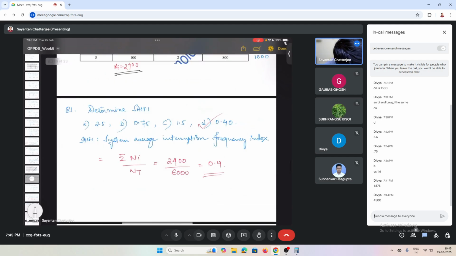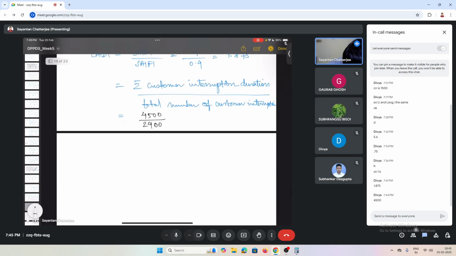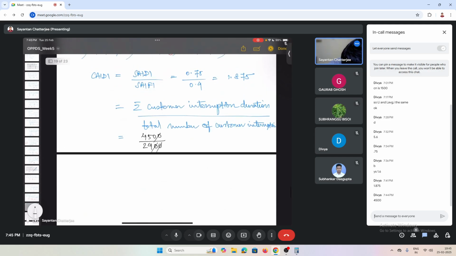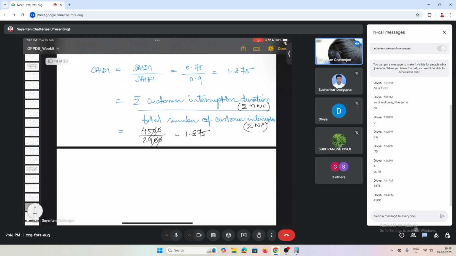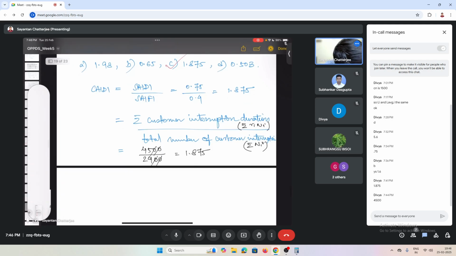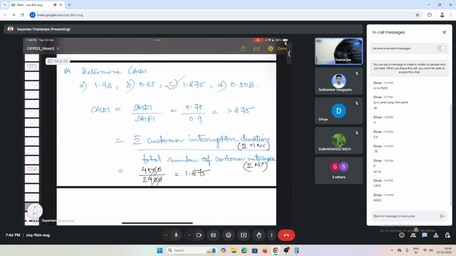So it will come to 1.875 only. This is summation of Ni, and this is summation of RiNi. Okay, so moving on to the next question, determine ENS. Both these values would be similar. Anyhow, you need to calculate this one and this one, both would be same.